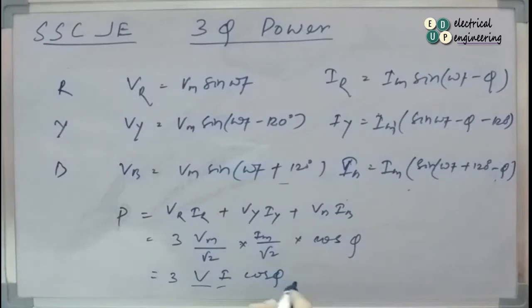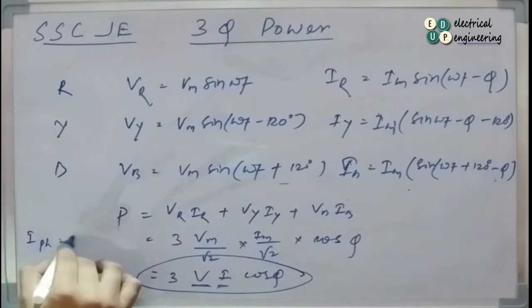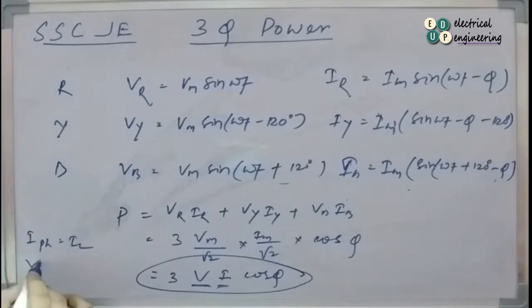If you convert this phase voltage and phase current into line voltage and line current, in star connection you will get I phase equals IL and V phase equals VL by root 3.